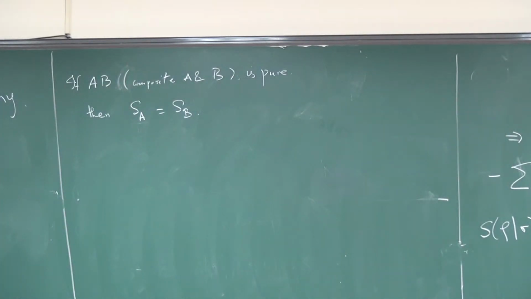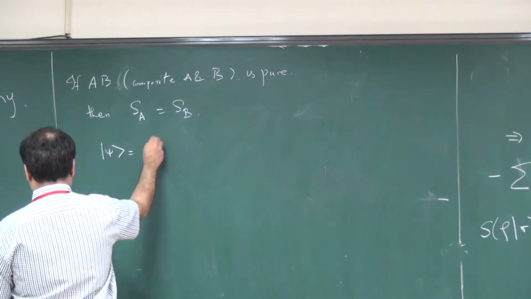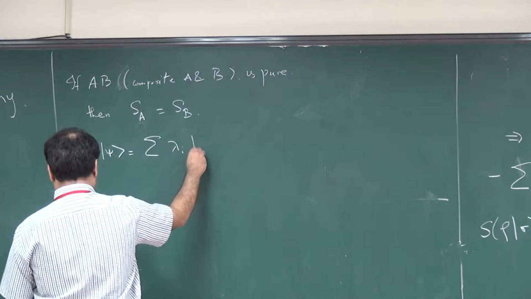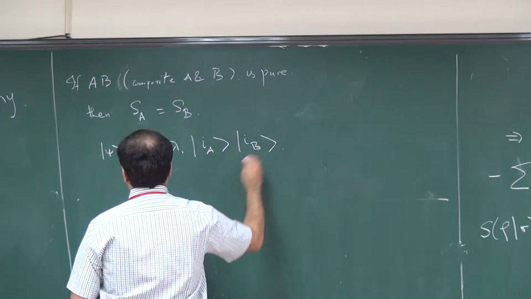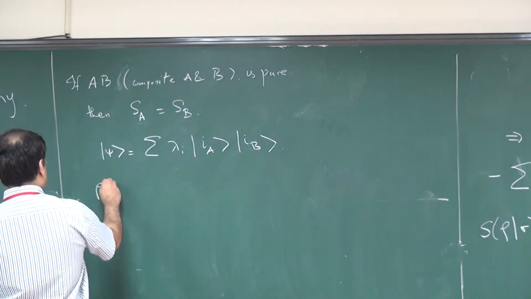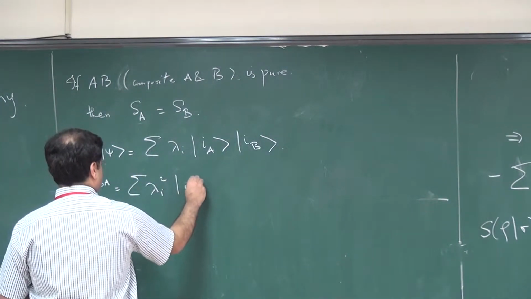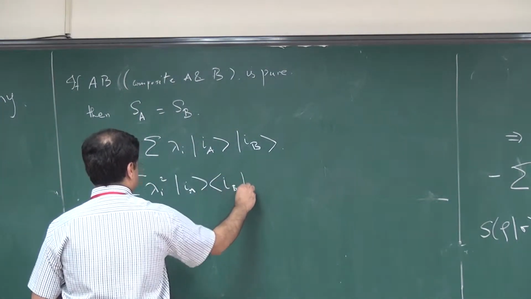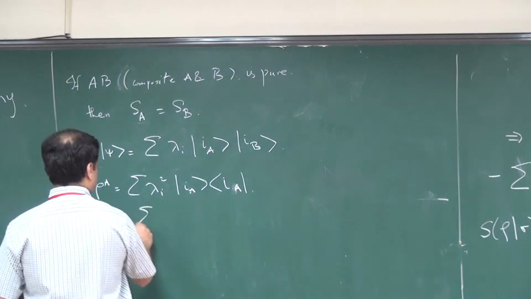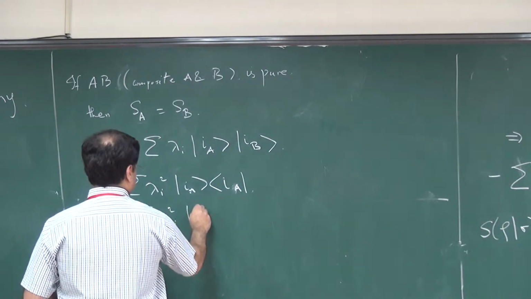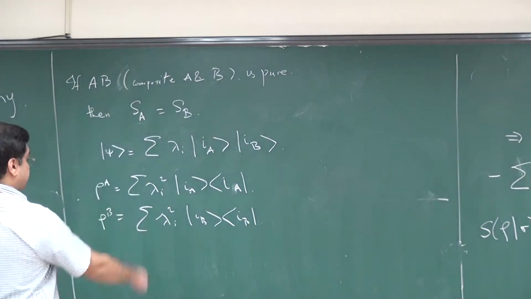And this just follows from the Schmidt decomposition. So you write psi as summation lambda_i |i_A>|i_B>, and then what you find is rho_A is summation over lambda_i squared |i_A><i_A|, and rho_B is also summation lambda_i squared |i_B><i_B|, and so from here you see the eigenvalues are the same.